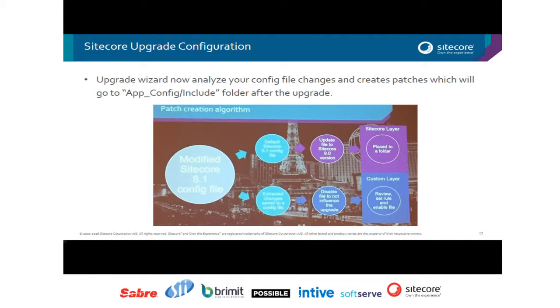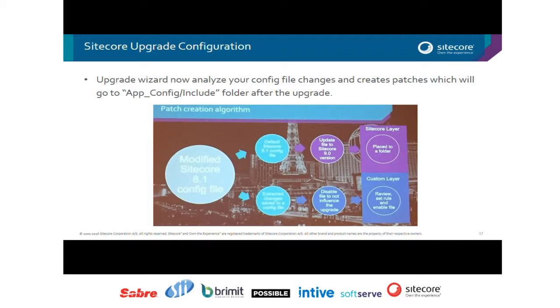and it will extract all the changes which you made to the standard Sitecore files, and it will create a patch file which will be added to the App_Config/Include folder, and by default they will be disabled, but you can also enable them in the wizard.